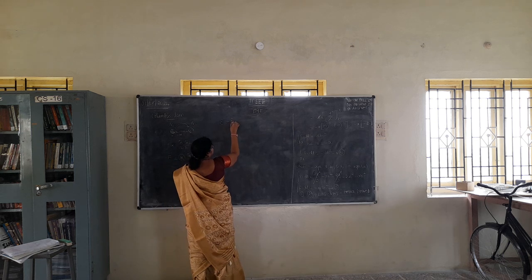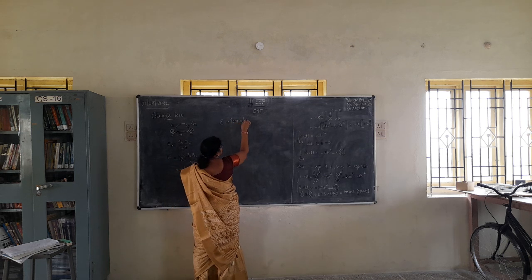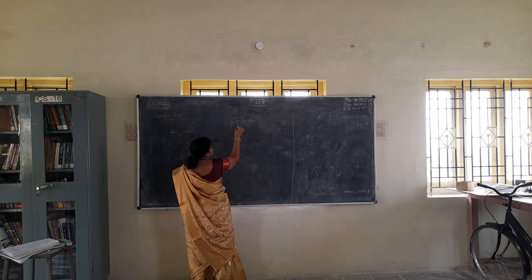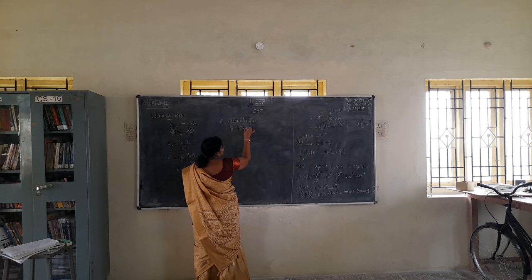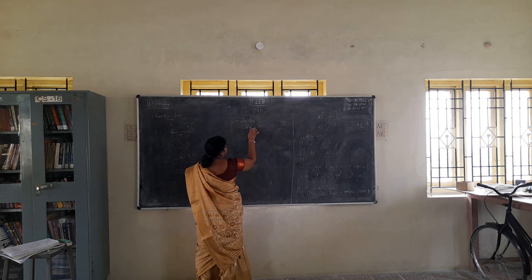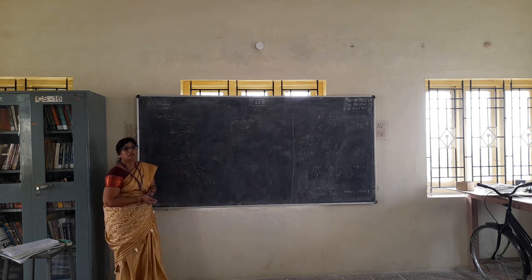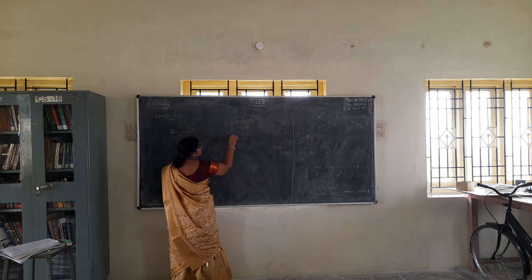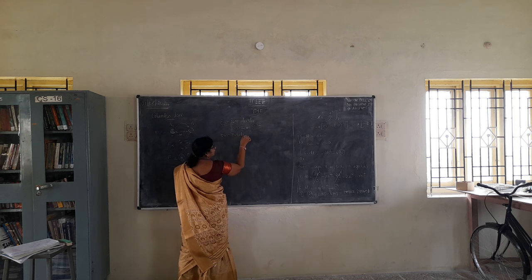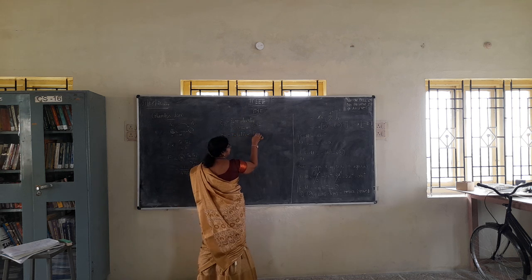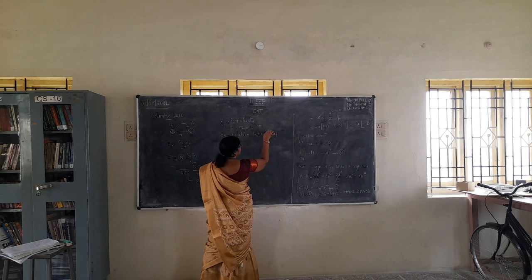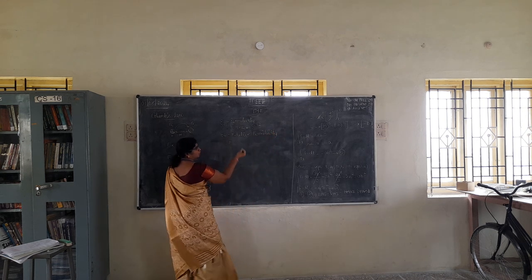Epsilon is called permittivity. Its value, epsilon naught, is 8.854 into 10 power minus 12. Epsilon r is called relative permittivity, and usually its value is 1.